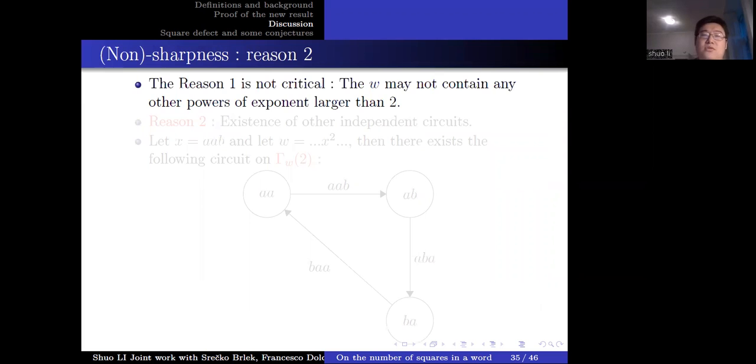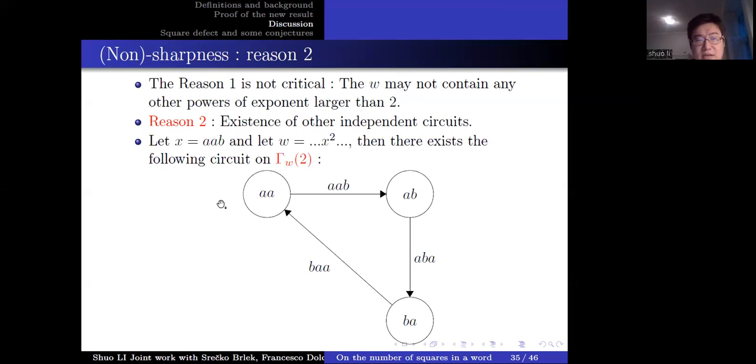However, this reason is not critical, because we may be able to construct words which do not contain any powers of exponent larger than 2. So in this case, we may not expect that we can always have the gaps. However, there exists a second reason. In fact, if we consider the Rauzy graphs, we can find there exist other secrets which are independent of the small secrets.